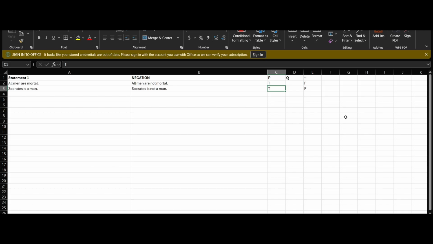I think from this point onward, you could really just foresee where I'm going with this. It's very simple to understand. Negation is self-explanatory. You just have to negate whatever statement you have, and that's basically it. So now that we're done with negation, let's go on to the more juicy stuff.